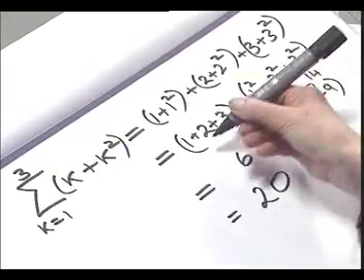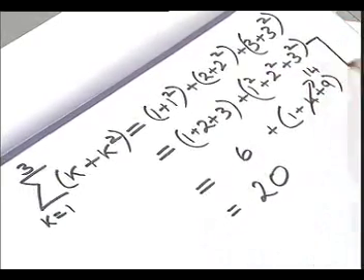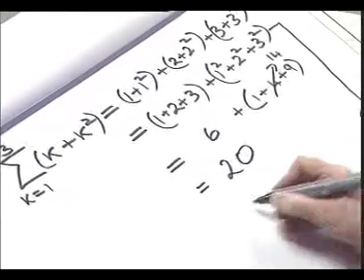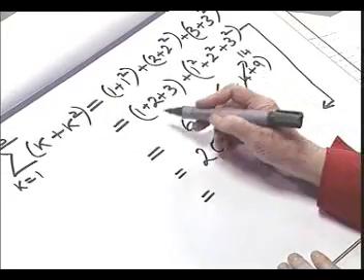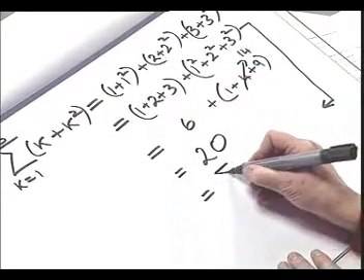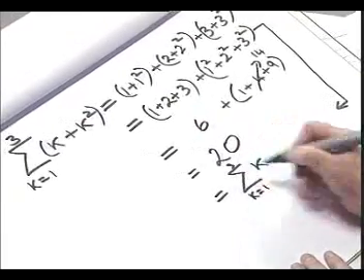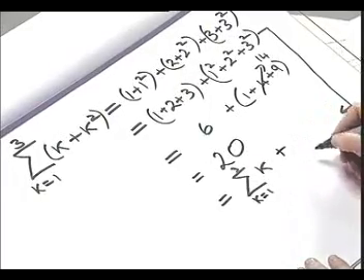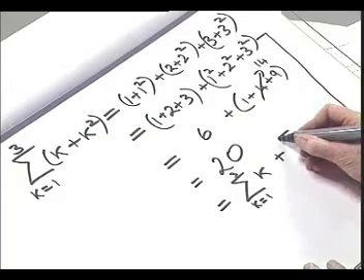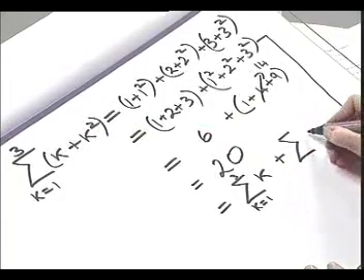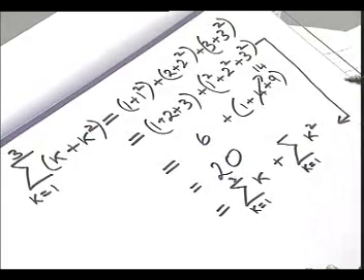But look at this second line. We can simplify this second line using sigma notation that we've done before. 1 plus 2 plus 3 is the same as sigma of k from k equals 1 to 3, plus 1 squared plus 2 squared plus 3 squared. That's dead easy. It's the sum of all variables k squared from k equals 1 to 3.